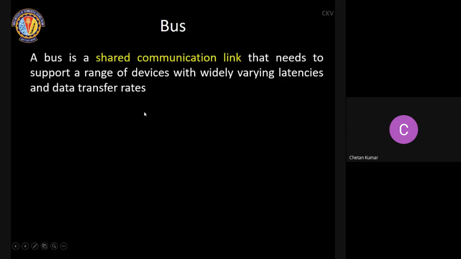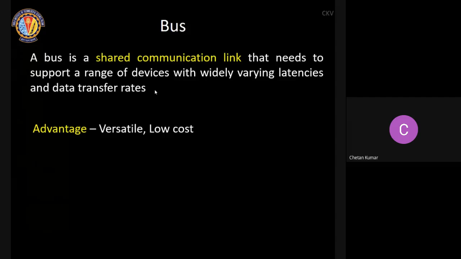One more very important property of a bus is that it works on some rules, which we generally call protocols. A bus is a shared communication link that needs to support a range of devices with a wide variety of data rates and latencies, and they should work on some understanding. There are many protocols used to make sure that the communication happens properly.